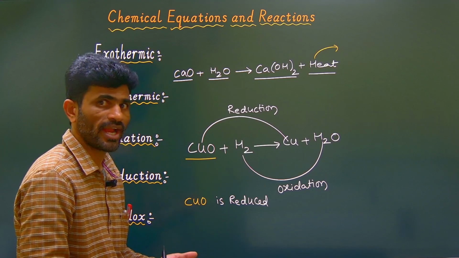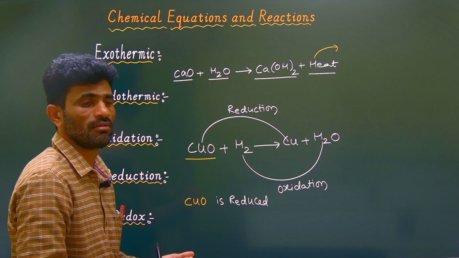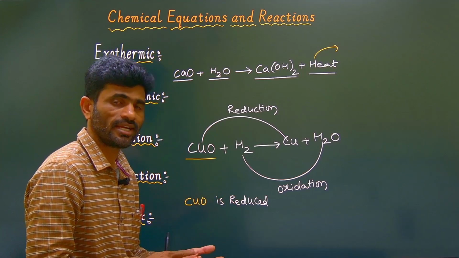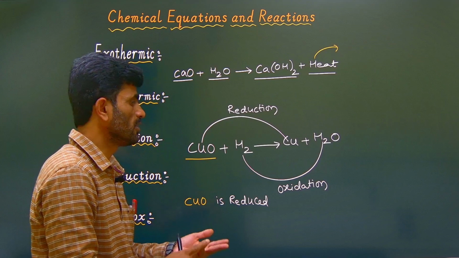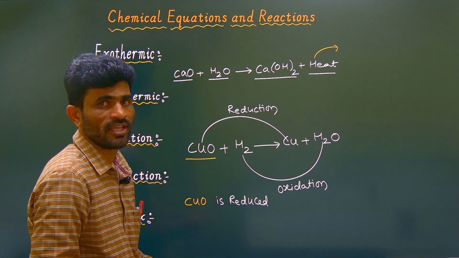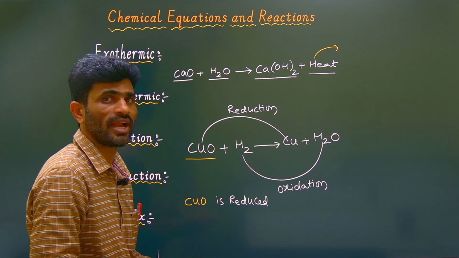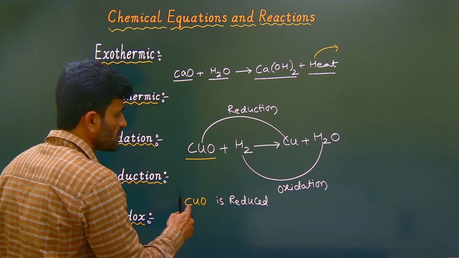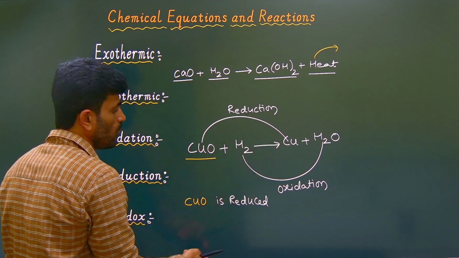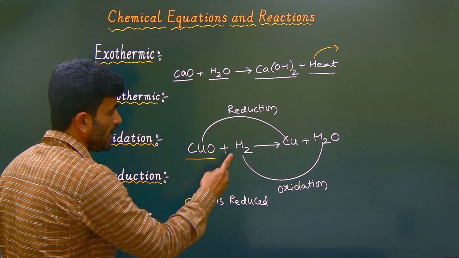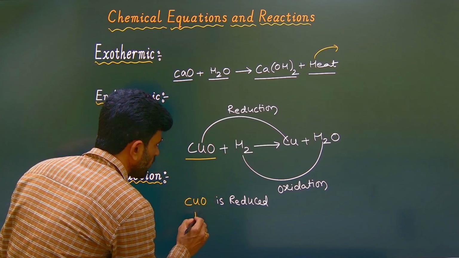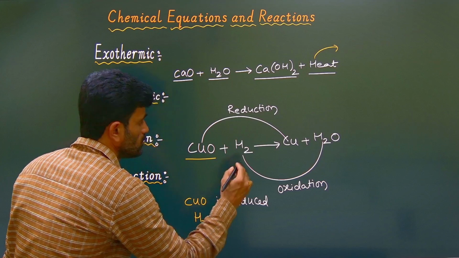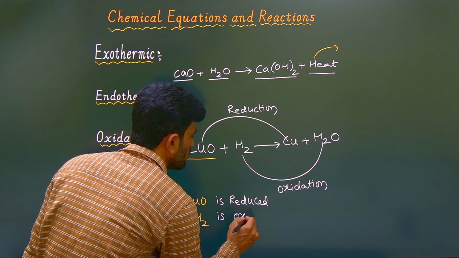Let me say again, repeat again. If oxygen is added or hydrogen is removed, that will be oxidized. If oxygen is removed and hydrogen is added, that will be reduced. So here CuO, oxygen is removed, so we call it reduced, and for hydrogen, oxygen is added, so we call it oxidized.